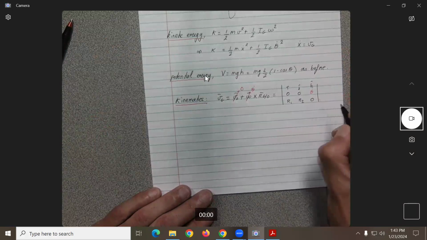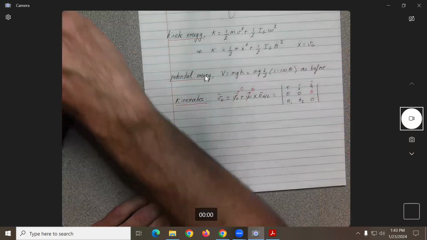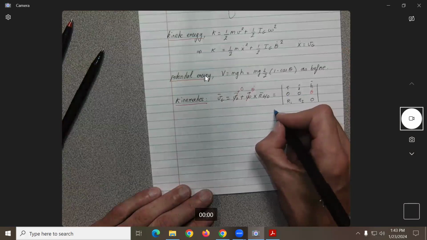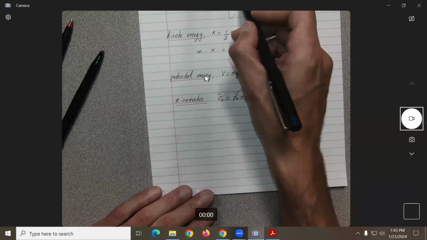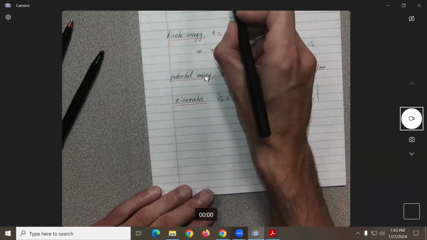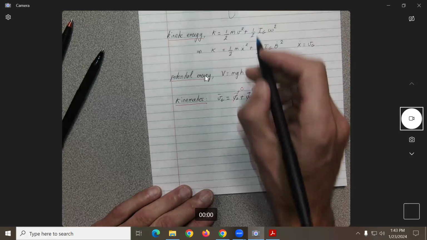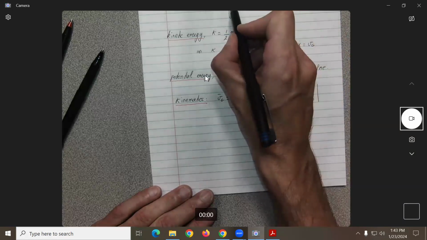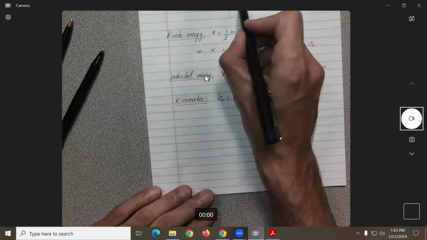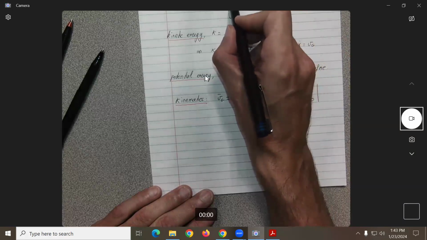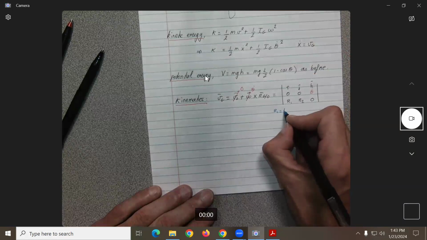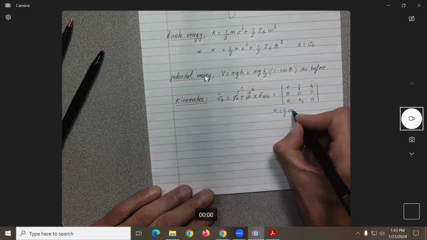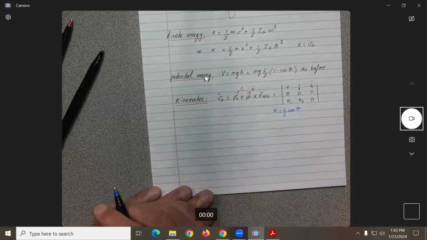Because what is R1, R2? What is the X position? What is the distance from the CG at this location to this point over here? L over 2 cosine theta.